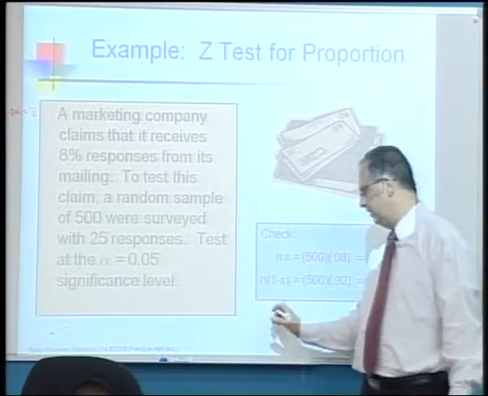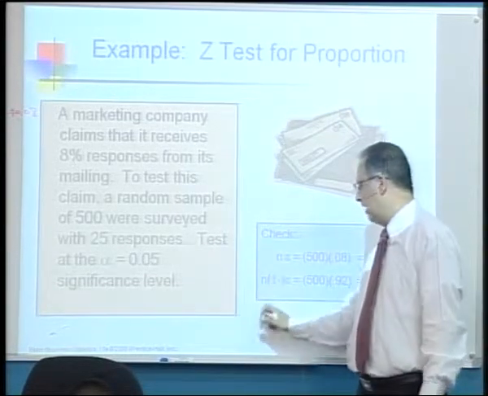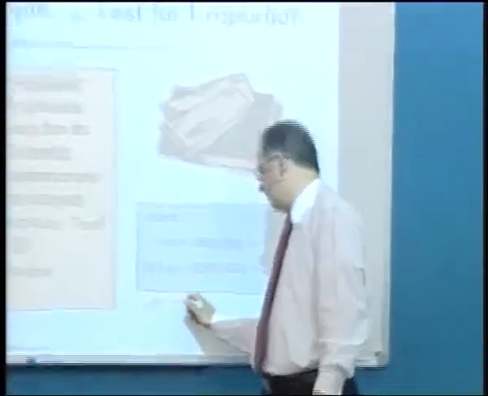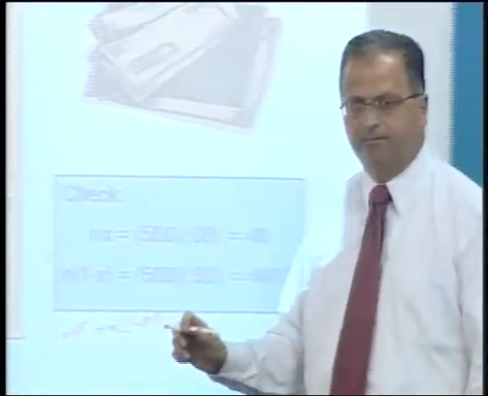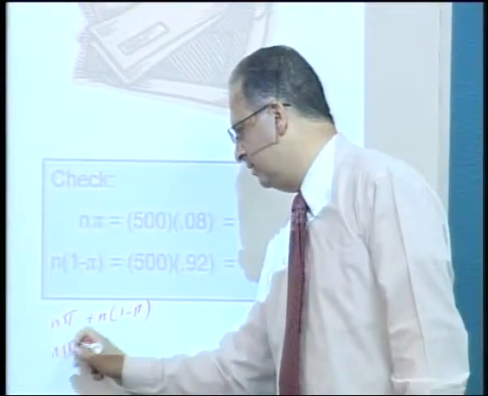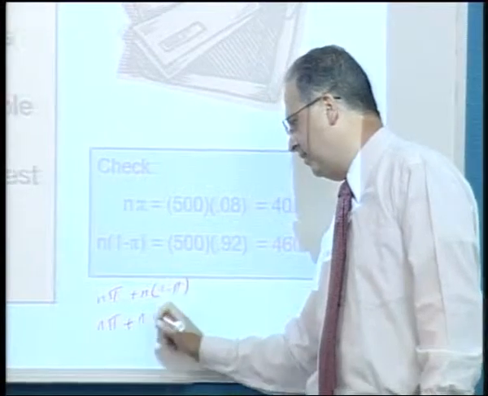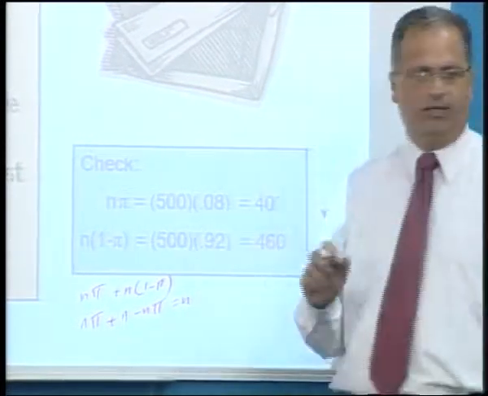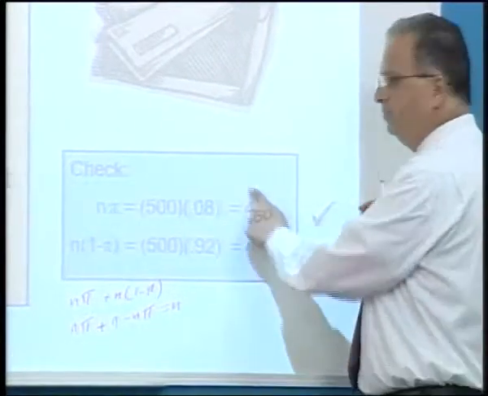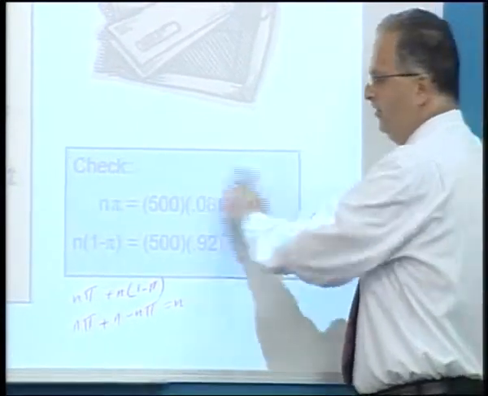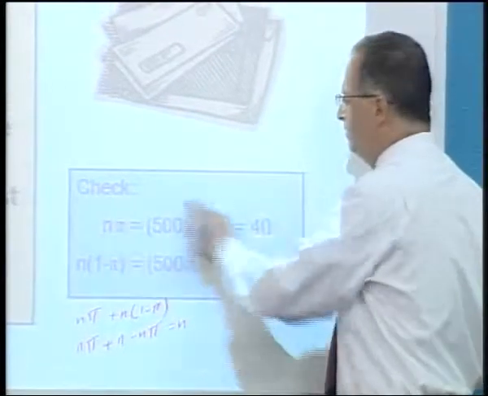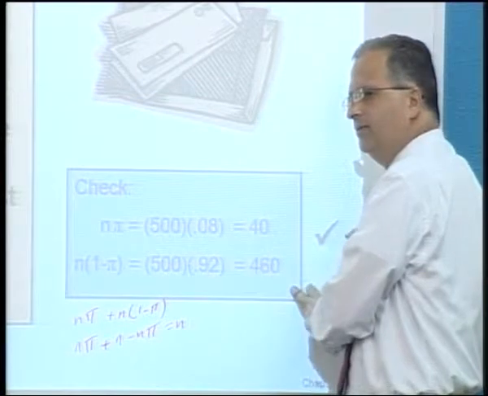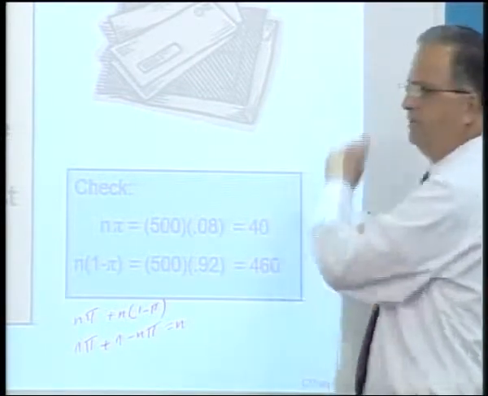The reason is if we add n pi and n times 1 minus pi, so n pi plus n minus n pi, this cancels, and we end with n. So the total should be 500. If n times pi is 40, then n times 1 minus pi is 460. So two conditions are satisfied.